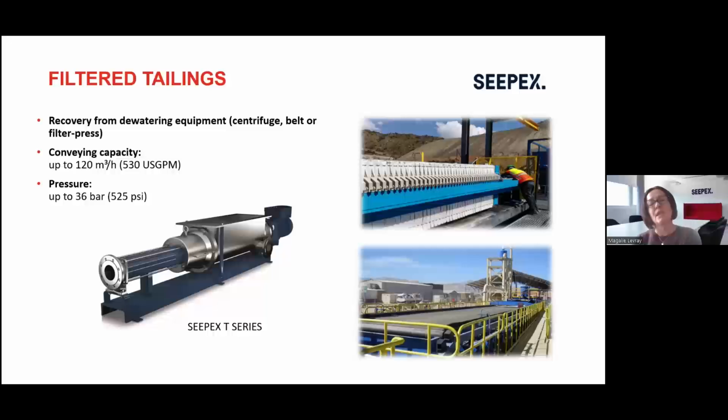Then we can further pump those dewatered tailings to the tailing storage facility. Conveying capacity with the T series is up to 120 cubic meters per hour, that is 530 US GPM, and the pressure is up to 36 bar, that is 525 PSI.